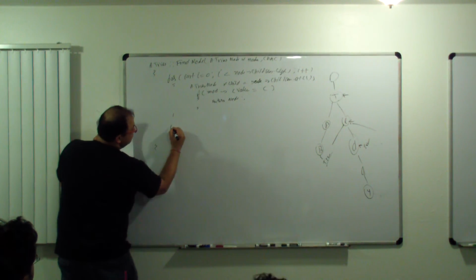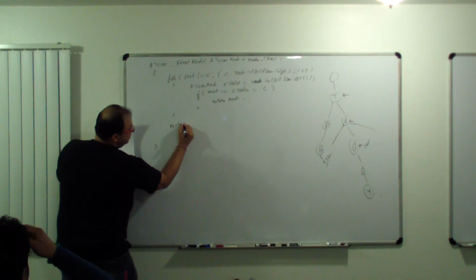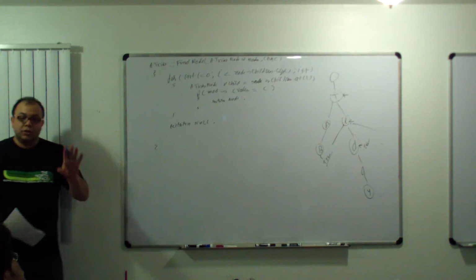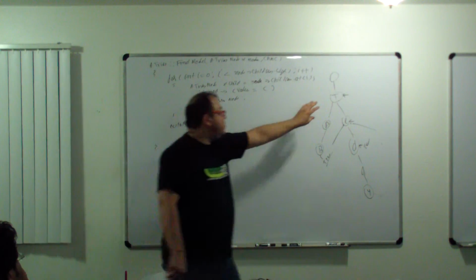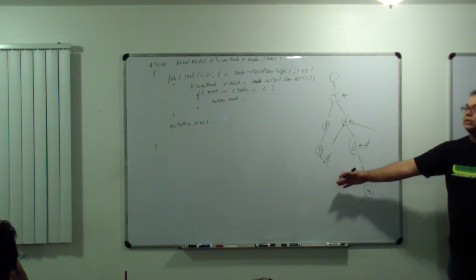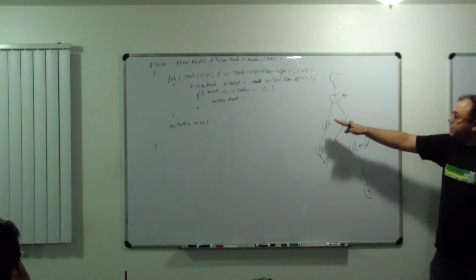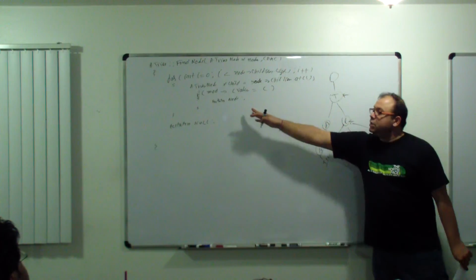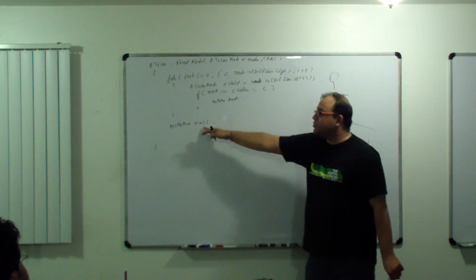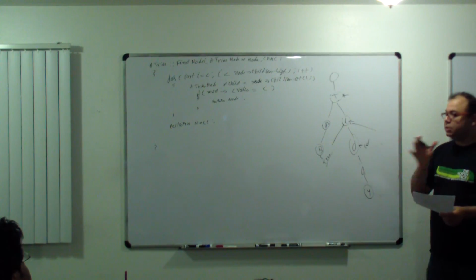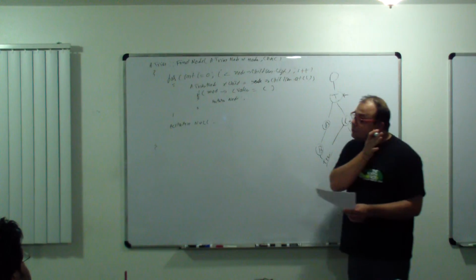Otherwise, if it comes out of this loop, return null. So what this is doing is at every level, it is checking all its children, and if it finds a child with the value character c, it will return that node. Otherwise, it will say that I don't have any of the children. That's all it does.